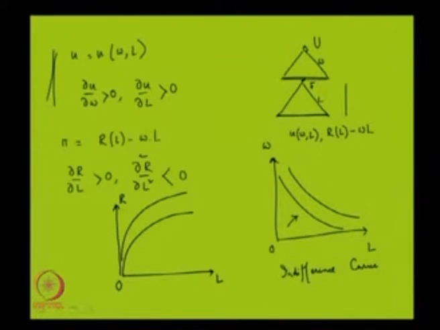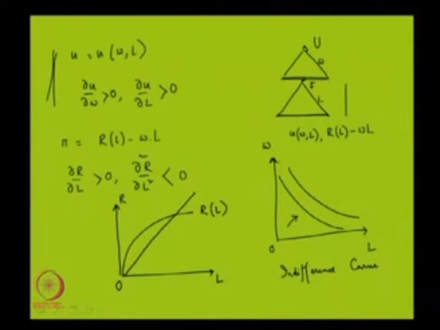So, I can have many R curves, but since in this particular example no other parameter is given, let us suppose this is the only revenue curve that I am concerned with. Now, what the firm wants to maximize is not this R, but R minus WL. So, one can draw a WL curve also.